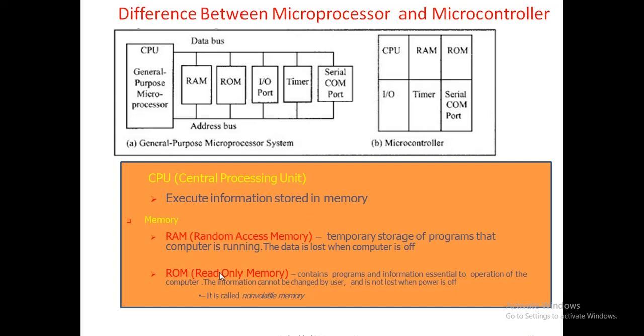Now the ROM is a read-only memory. Here the main source code is stored in the read-only memory. It is a non-volatile memory. Even though the power is switched off, there is no content loss in the read-only memory.